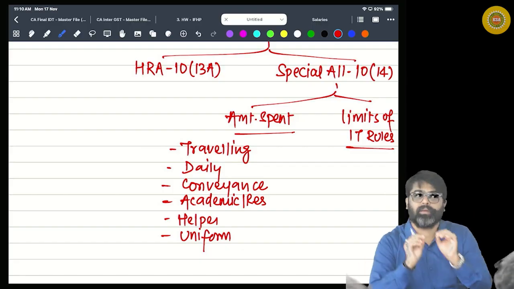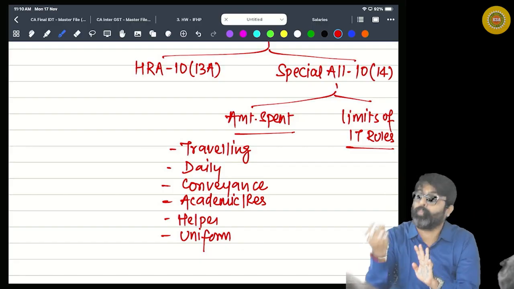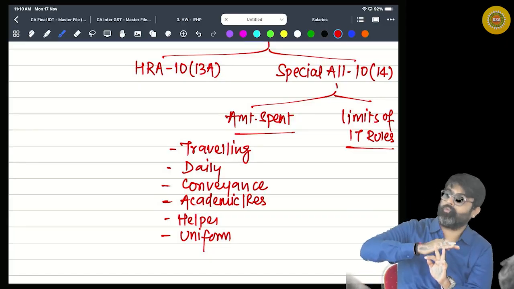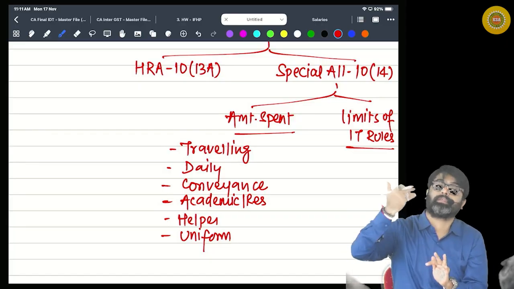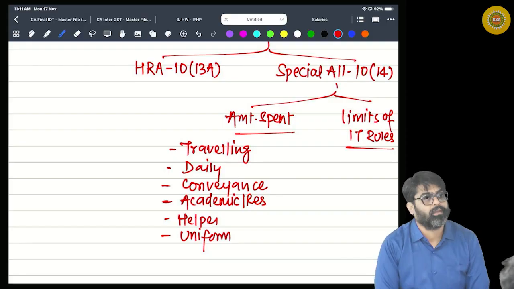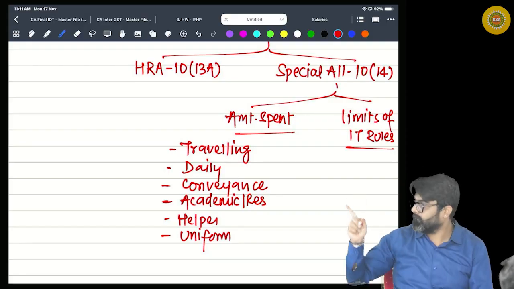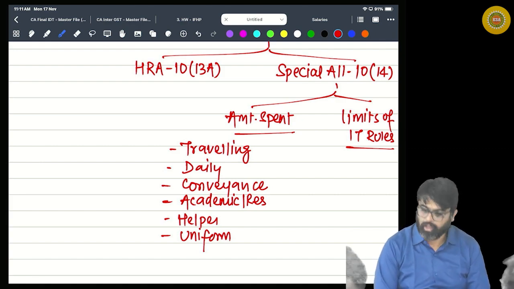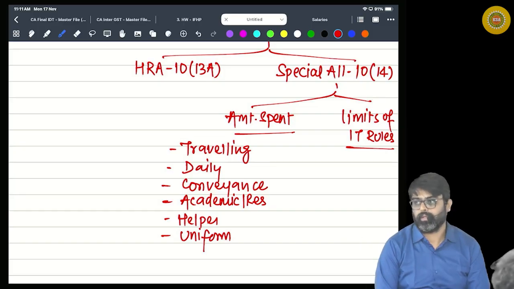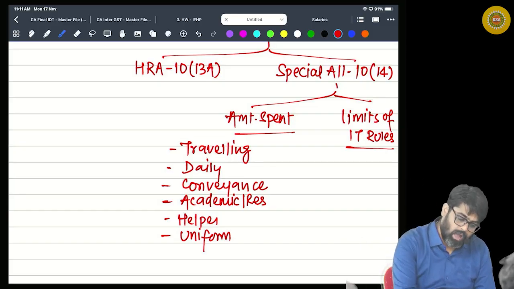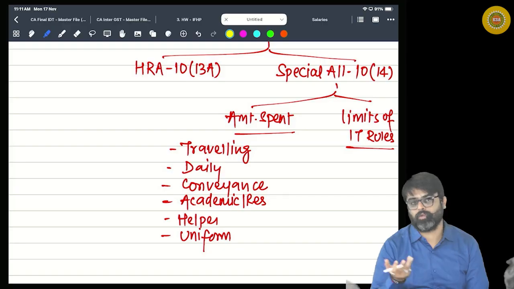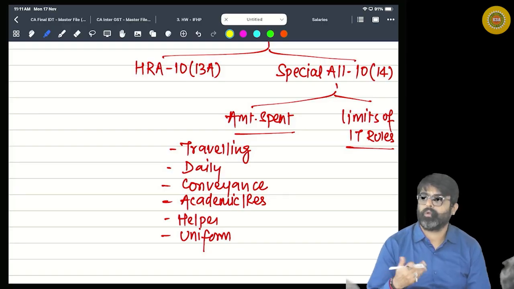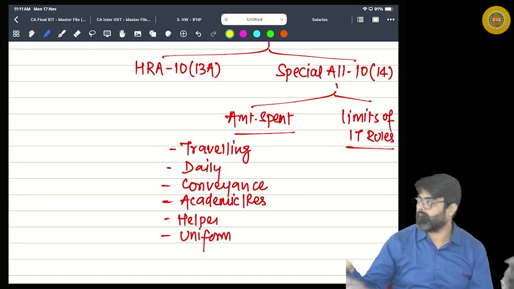But if the examiner gives you the amount spent, then the exemption will be available to the extent of amount spent only. Yes or no? Will you remember these 6 names? What are the names? Traveling allowance, daily allowance, conveyance allowance, academic or research allowance, helper allowance, and uniform allowance. Yes or no? Now simple, how to remember these 6 names? These 6 names you will remember right now. And tomorrow if I ask you, you will recollect hardly 1 or 2 names.